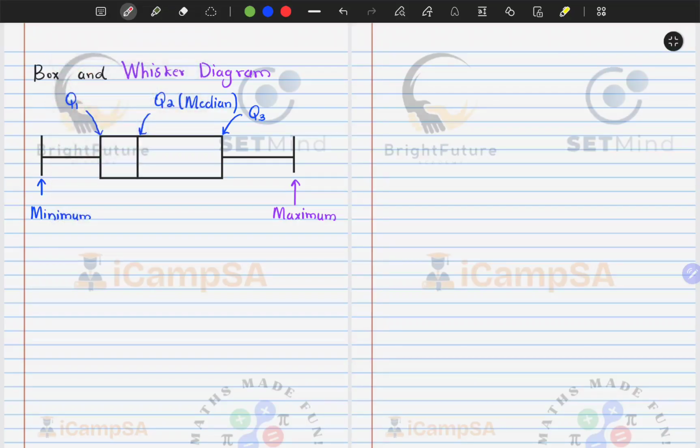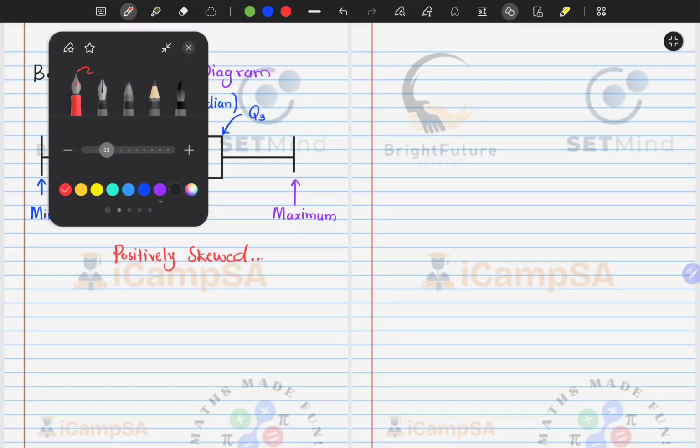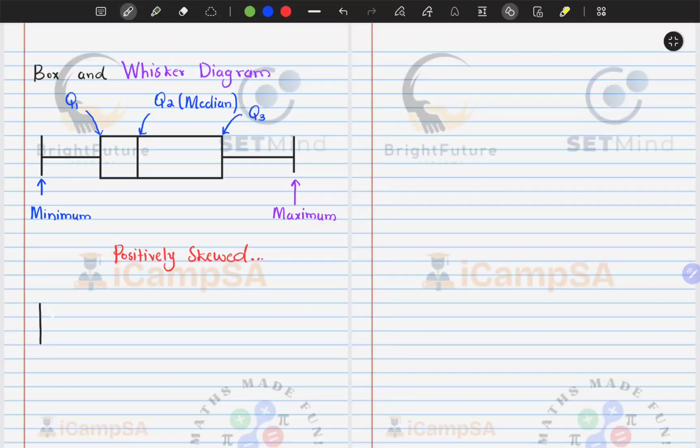What you need to note is that we have 3 types of these boxes. We have one which is negatively skewed, one which is positively skewed, and one which is not skewed, which is symmetrical. Let's start by having a look at the one which is positively skewed. When they say positively skewed, the kind of box and whisker we're looking at is something like this.